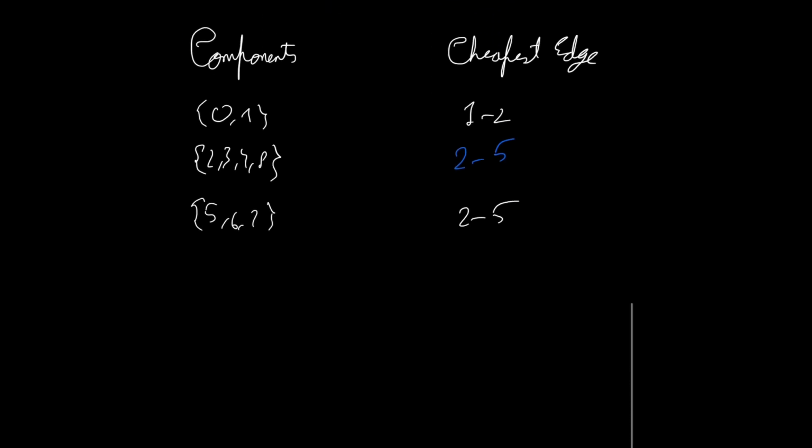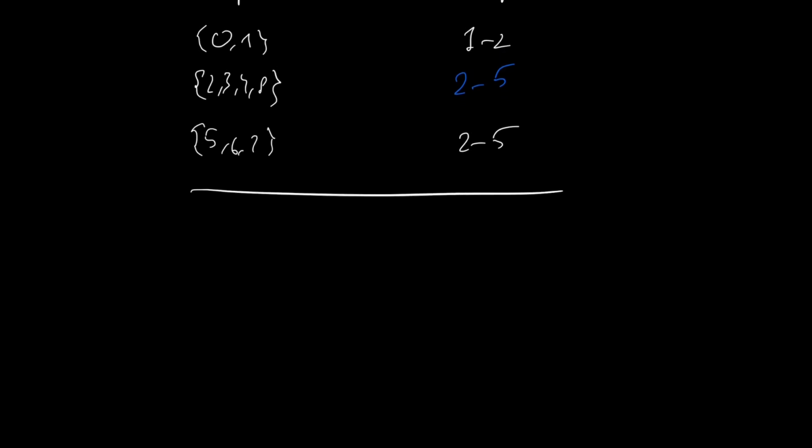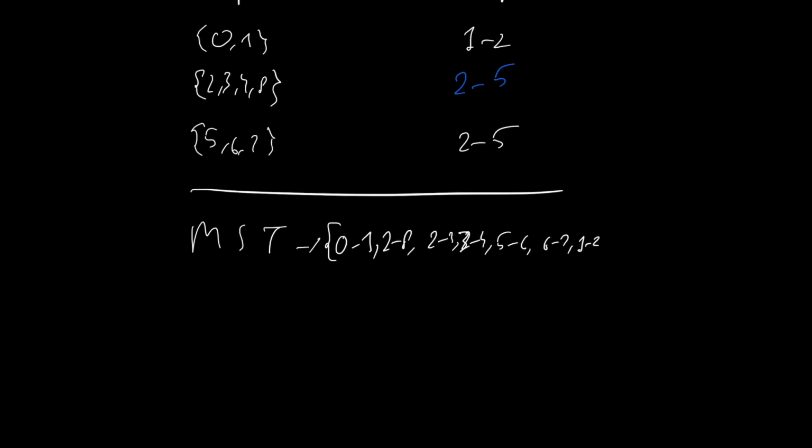So after this step, the MST will become 0, 1, 2, 8, 2, 3, 3, 4, 5, 6, 6, 7, 1, 2, and 2, 5.